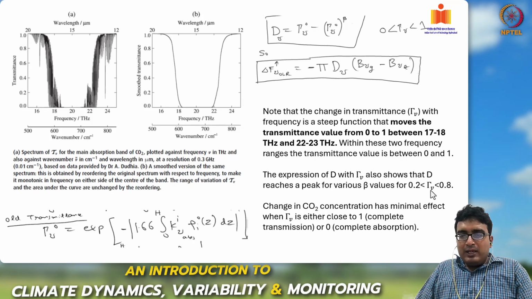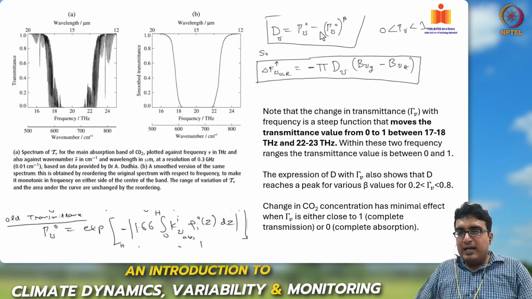So far what we have seen is that the change in the outgoing longwave radiation due to the presence of an absorbing medium, say CO2, can be expressed as negative pi with the factor d nu into the black body emission from the ground minus the black body transmission B nu T. Here d nu is given by the original transmittance gamma nu minus the new transmittance due to the change in concentration of the absorbing gas, which is gamma nu naught to the power beta.